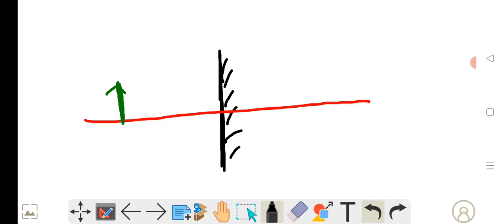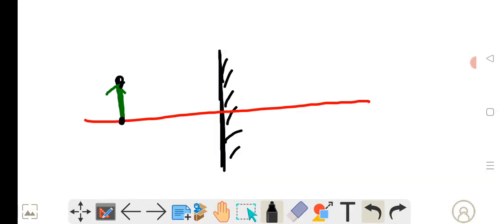Now see here, one ray what I am taking, I am considering this point and this point. Okay, so from here also I will take the rays, from here also I will take the rays. Actually you have to take from all the points. For simplification I am just taking the top point and the bottom point.